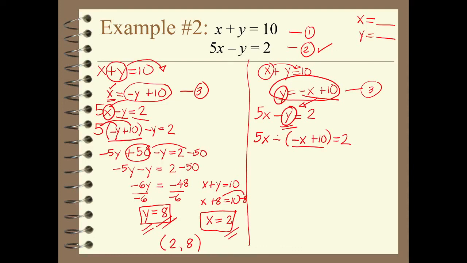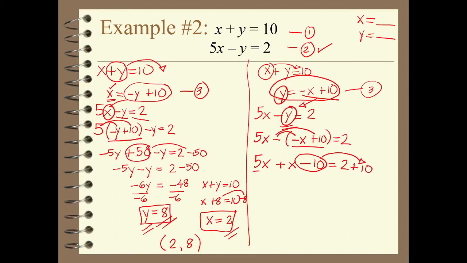O distribute. So, we now have 5x plus x minus 10 is equal to 2. Transpose this to the other side. This becomes plus 10.